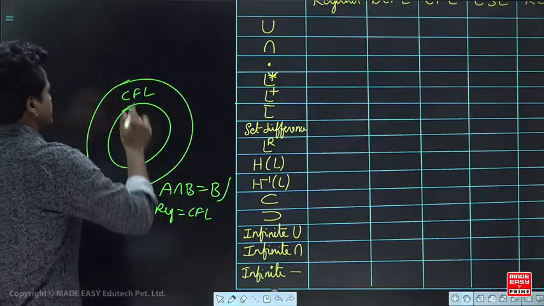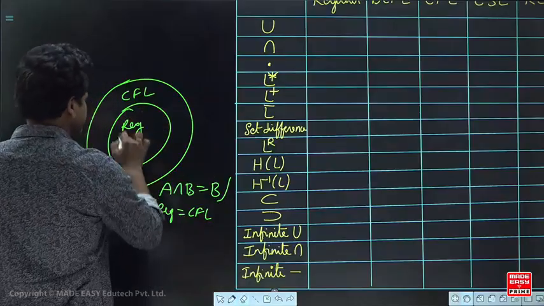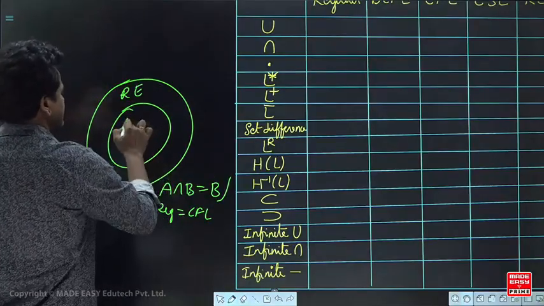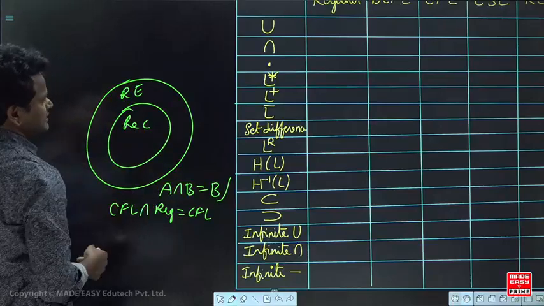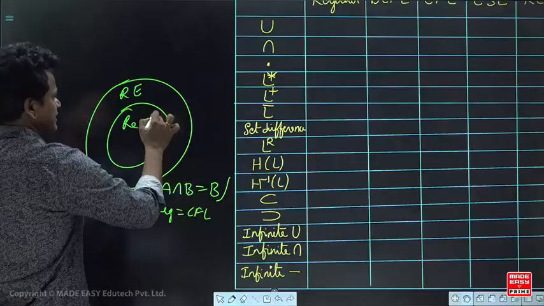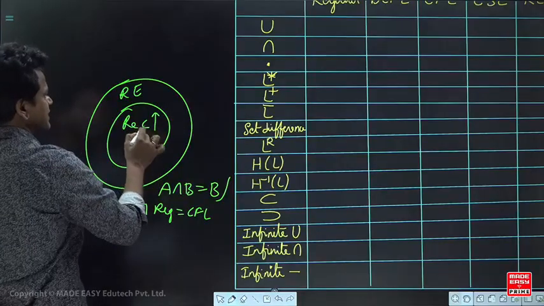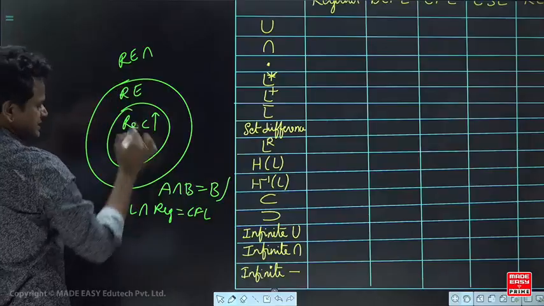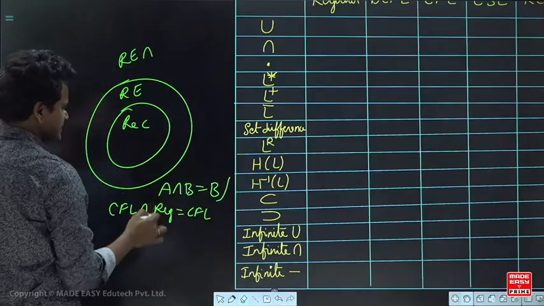Okay? Now listen. When it is given that this is RE, this is REC, these are two different languages. So this superset is this one. Then you have to go for upgrade. When I go for upgrade, this also becomes RE intersection. Why? Because here, what is the question? RE intersection REC.